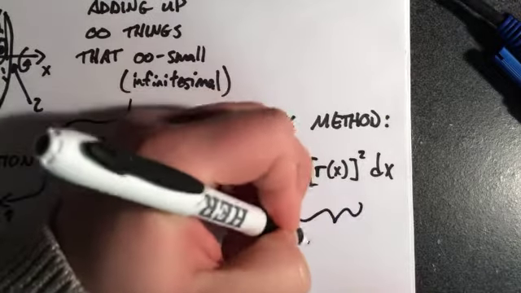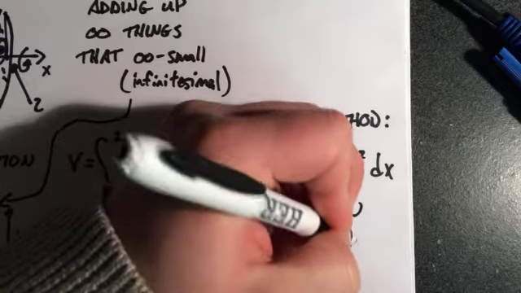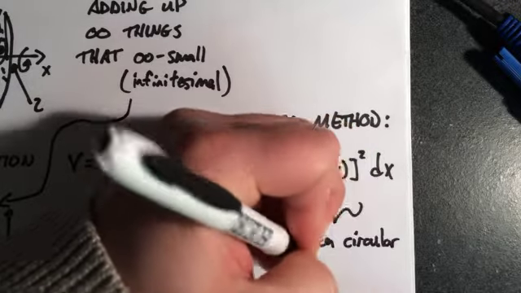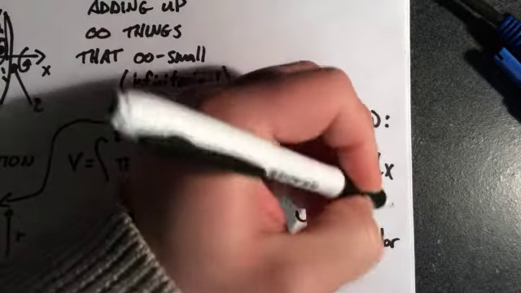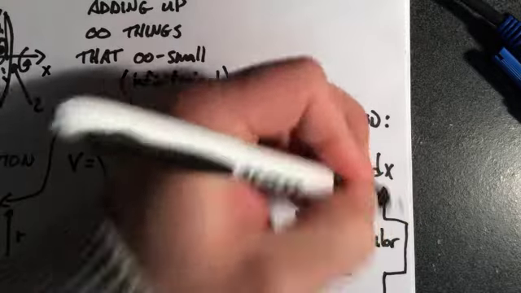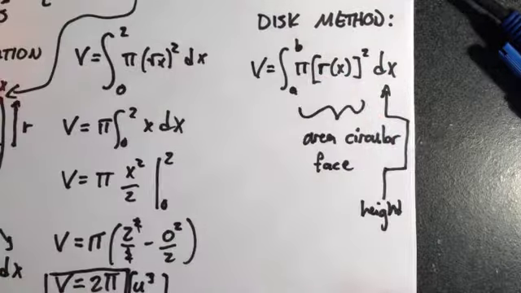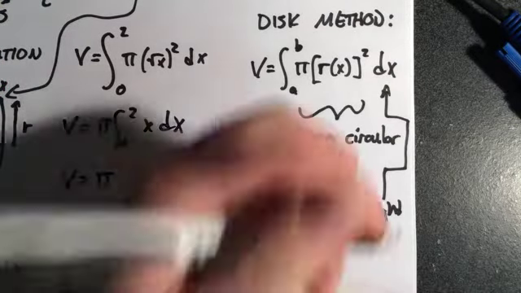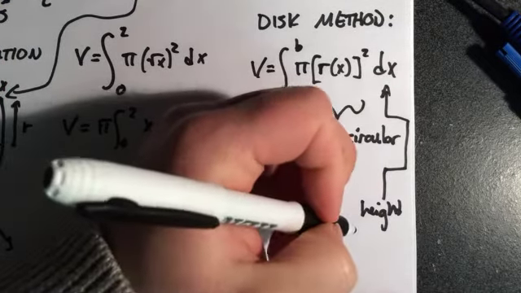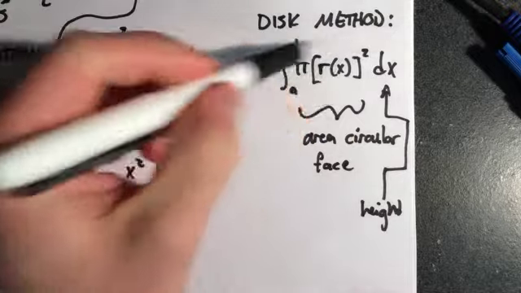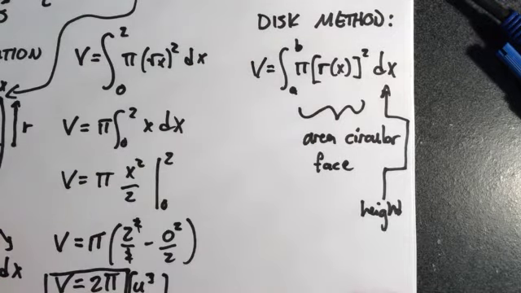So this represents the area of the circular cross-sectional face. And this guy represents the height of the rectangle, which we would call the thickness, or dx. So this is an equation of a cylinder. Okay.